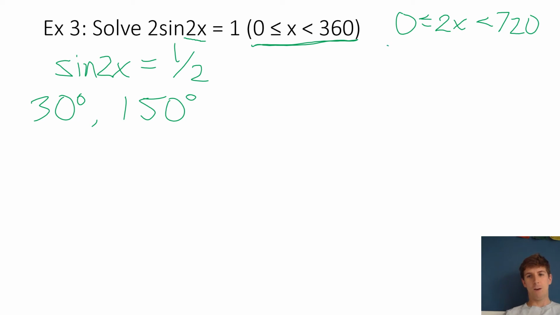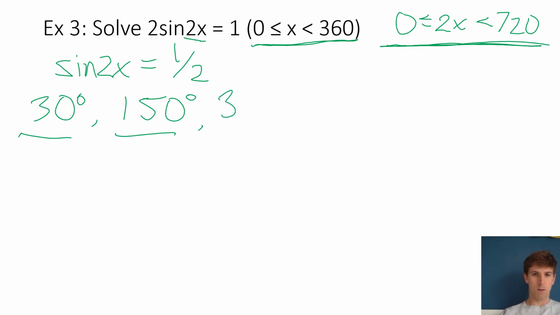However, I need to account for the next rotation as well. Once you have these initial answers, it's easy to get the next two. All you need to do is add 360 to both of those to get the coterminal angles. So 30 plus 360 is 390, and 150 plus 360 is 510.